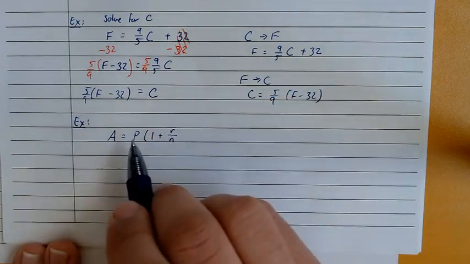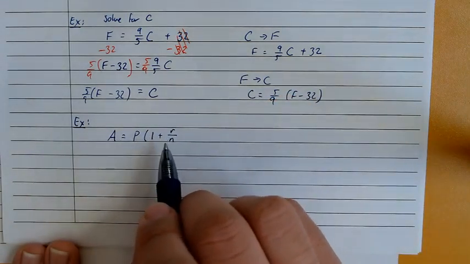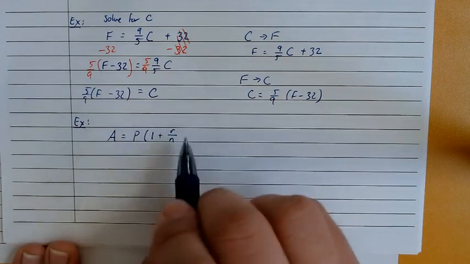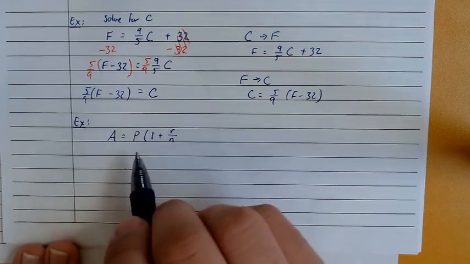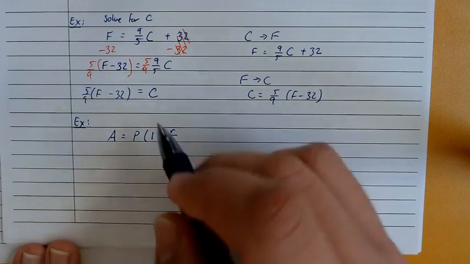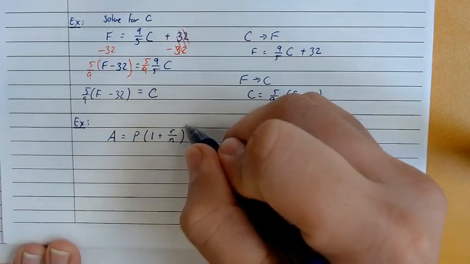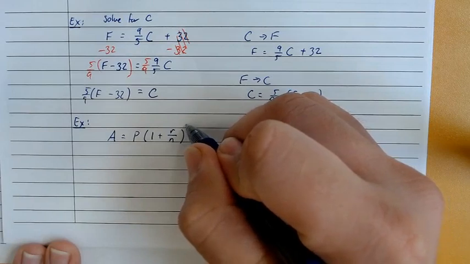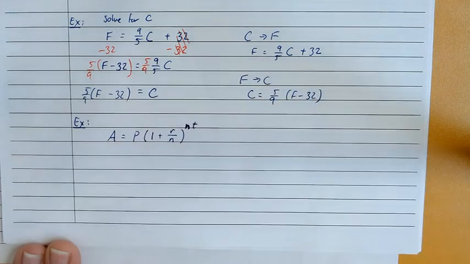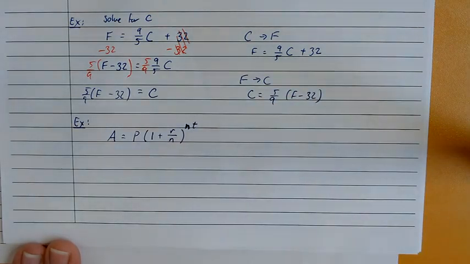Again, I'm not going to worry about explaining this too much. That's not really important to this right now. What's important is how to use a formula, not what the symbols of this formula are right now. Raised to the power of n times t. Okay?